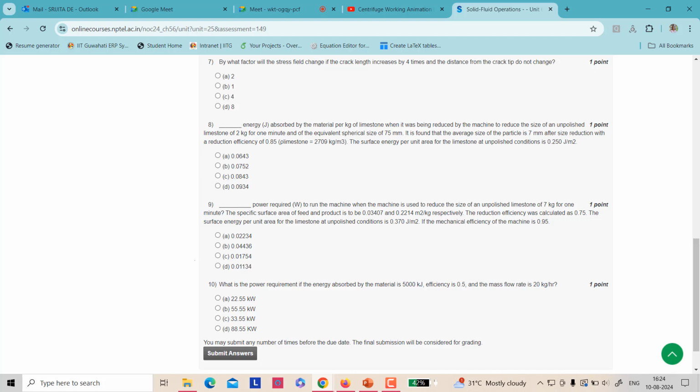By what factor will the stress field change if the crack length increases by 4 times and the distance from the crack tip does not change? So there is a formula. Just a minute.